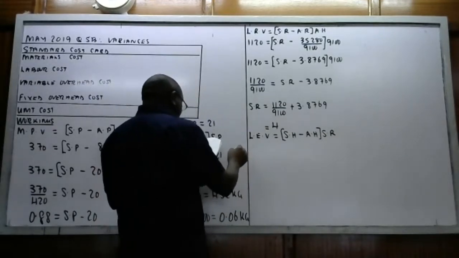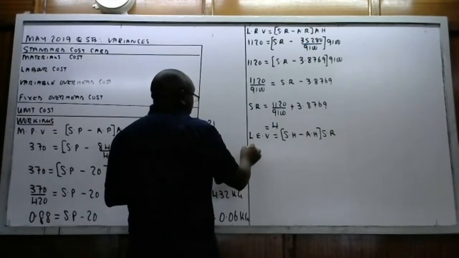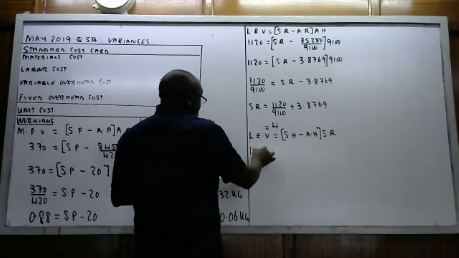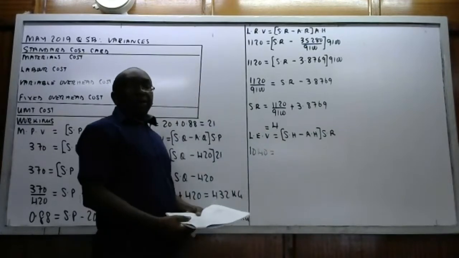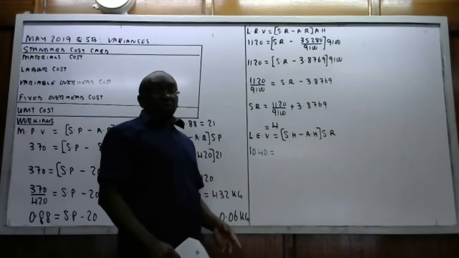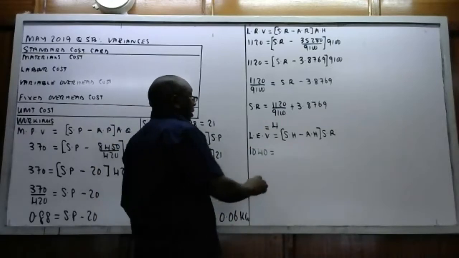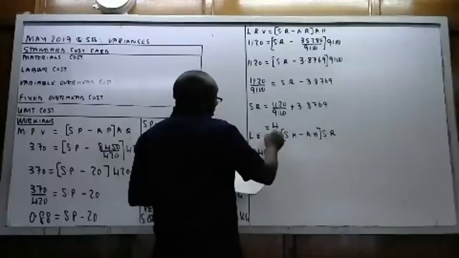So the efficiency variance is 1040, which is favorable, so that means mathematically it's positive. If it is favorable, the standard hours are more than the actual, so it is positive, according to our formula here, but not all the times.